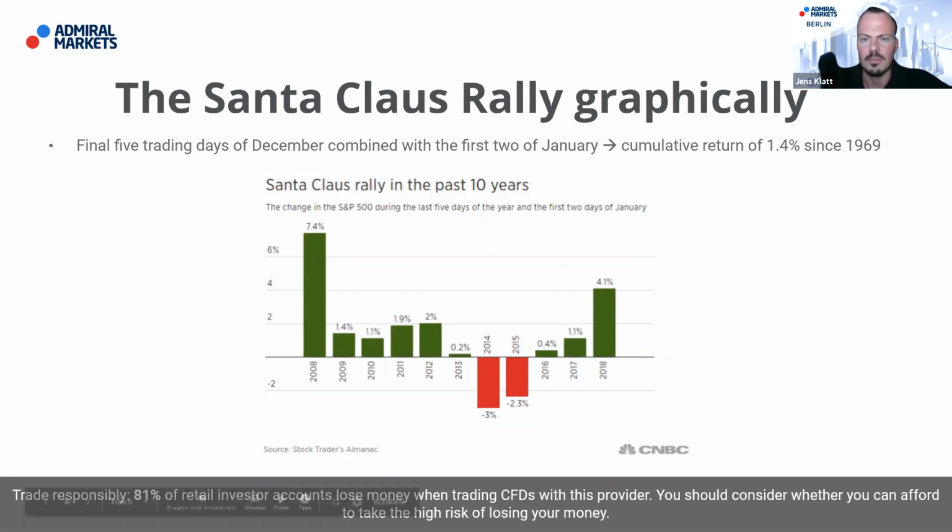I haven't checked the numbers, but I can assure you there was a push higher. And you can see there's a clear positive tendency going back to the great financial crisis in 2008. In fact, even after such a horrible year, you can see there has been a positive return of over 7% in these 7 days: the last 5 trading days of December, and then the first 2 in January.